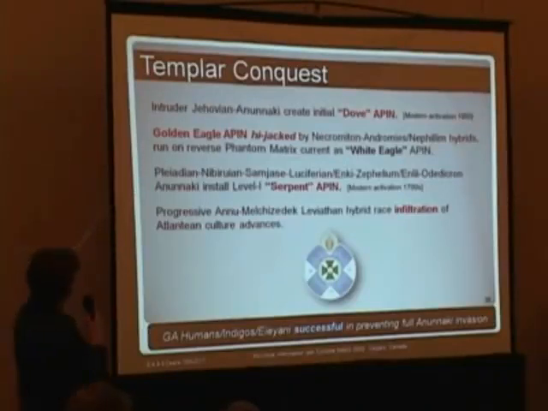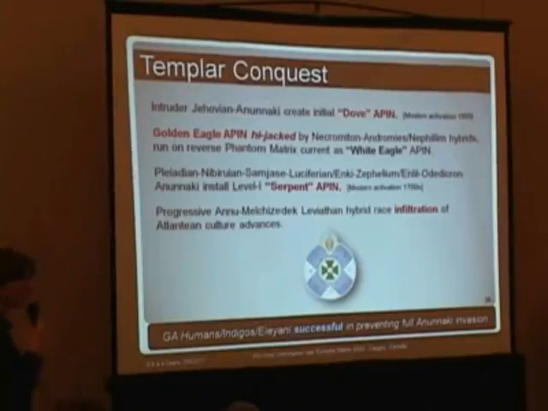So the Golden Eagle, which remember was a Guardian APIN system, was hijacked by the Necromaton Andrami, Nephilim hybrids. It was run on reverse phantom matrix current as the White Eagle APIN system. So the Palladian, Nibirian, Samjazi, Luciferian, Enki, Zephelium, and Odedicron Anunnaki. There's a lot of Anunnaki because there was a lot of hybridization programs going on.